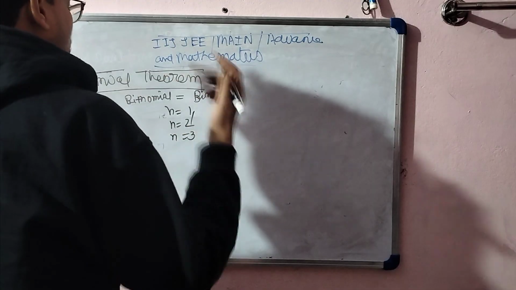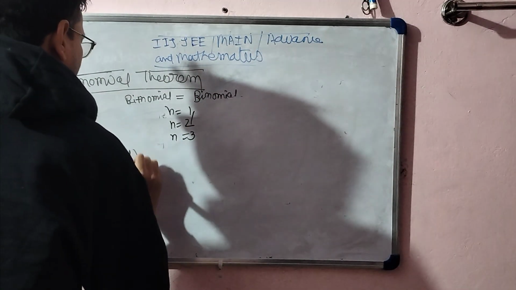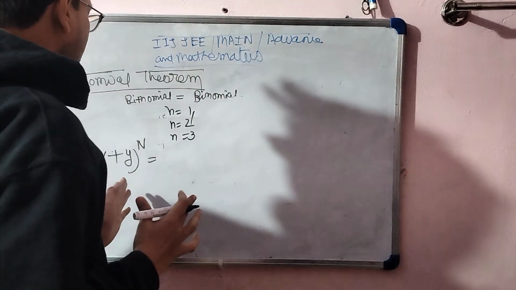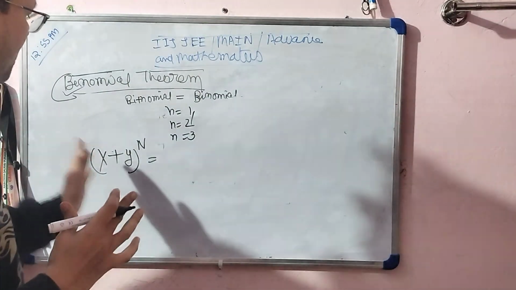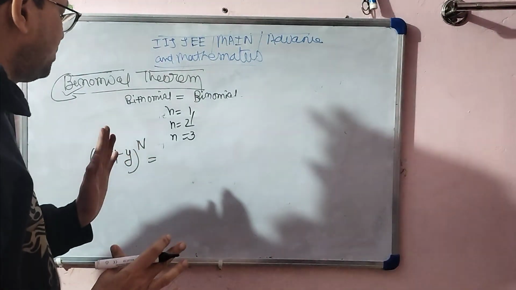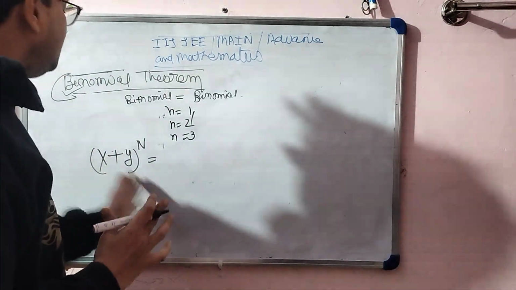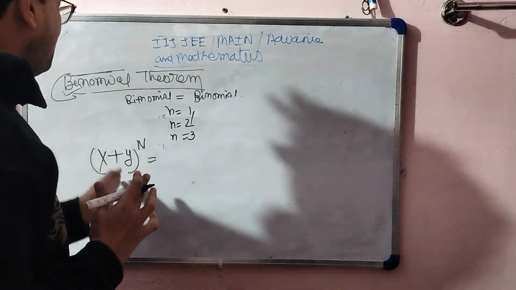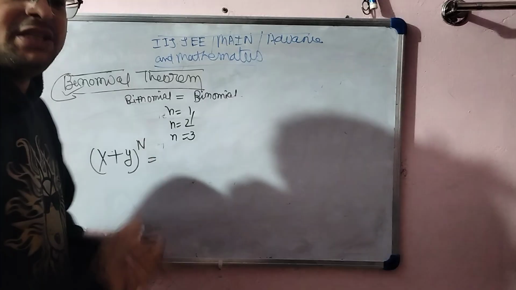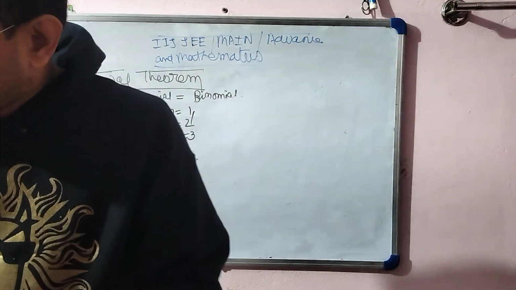This formula says that, and the expansion of x plus y to the power n is the binomial theorem expression. Have you understood that point? Okay, we will proceed.